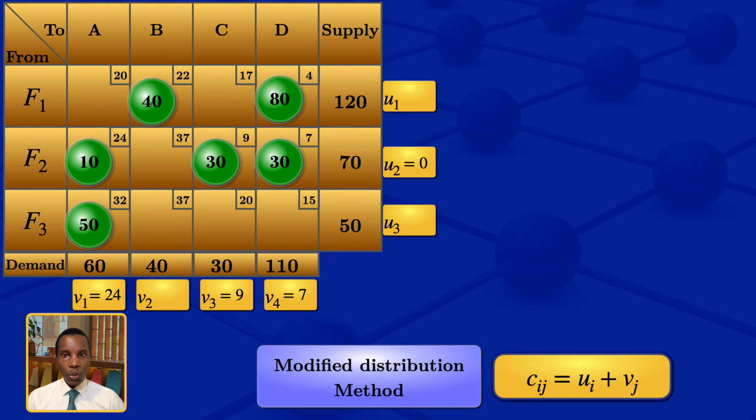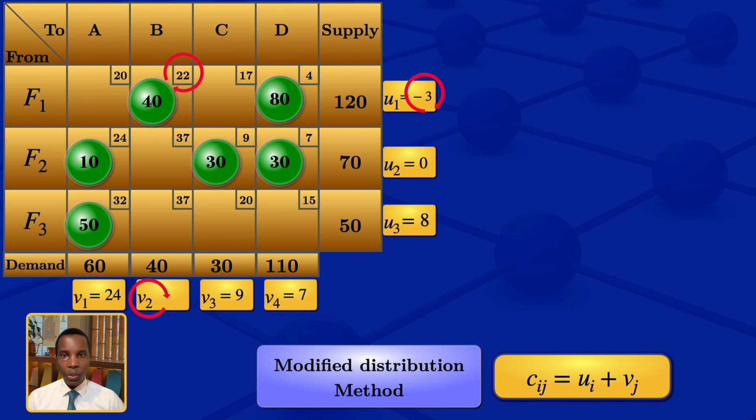Then we go on to the next one. The 32 equals u3 plus v1, and v1 is 24, so u3 equals 32 minus 24, which gives us 8. Next, the 4 is u1 plus v4, so u1 equals 4 minus 7, which gives us minus 3.